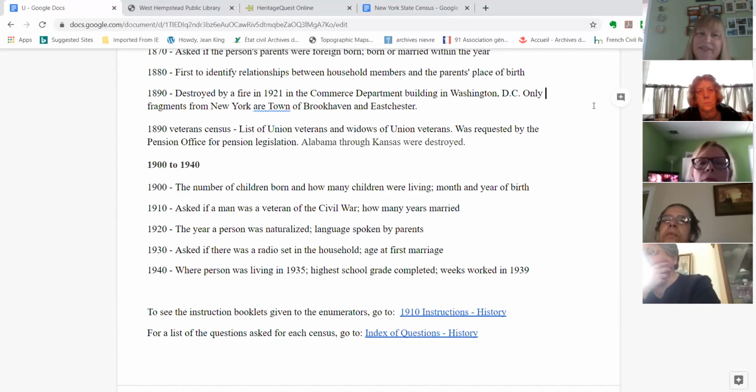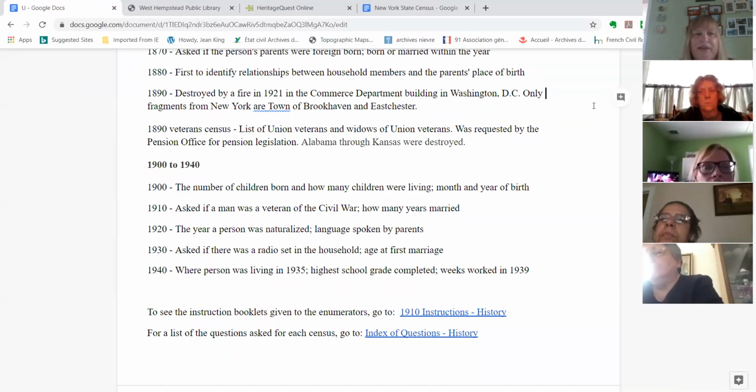But unfortunately, if you lived in Alabama, alphabetically, Alabama through Kansas were destroyed. And so those records are not available for this veteran census. But New York luckily survived.